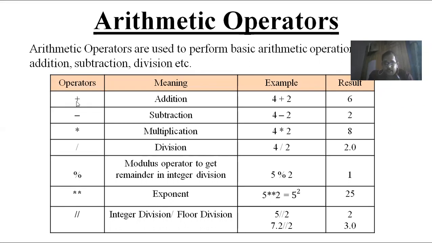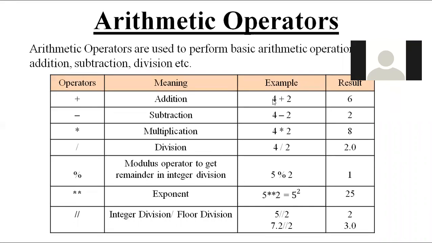Here this is called the plus sign. This plus sign will work with at least two operands. So here arithmetic operator is also known as a binary operator. Arithmetic operator comes under the category of binary operator because it needs at least two operands. Two operands means we need two values. Clear?